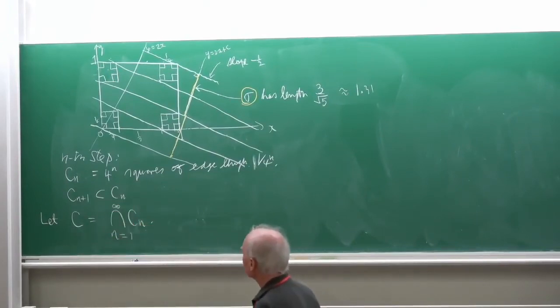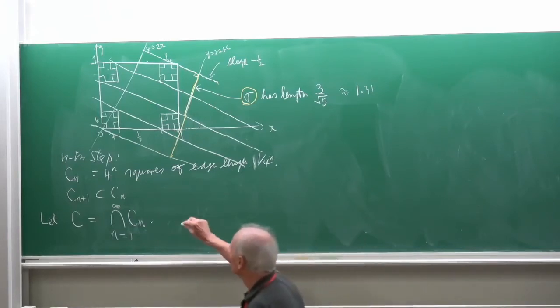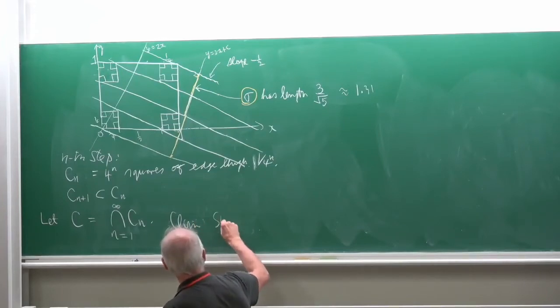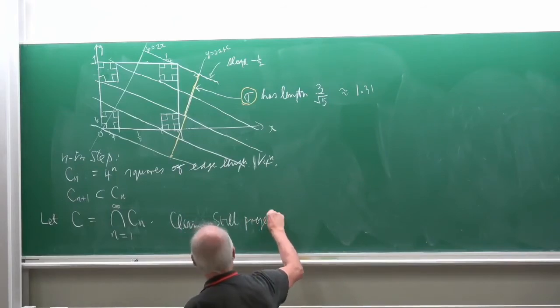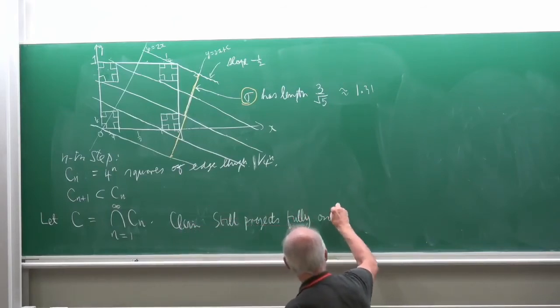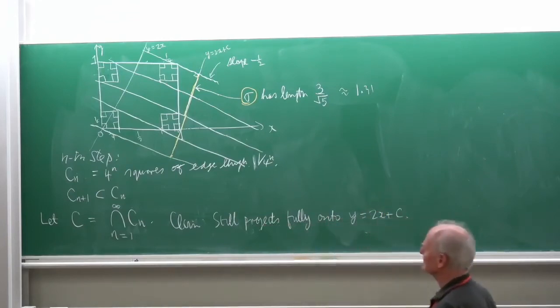That's a non-empty compact set. Now I claim it still projects fully onto y equals 2x plus a constant.